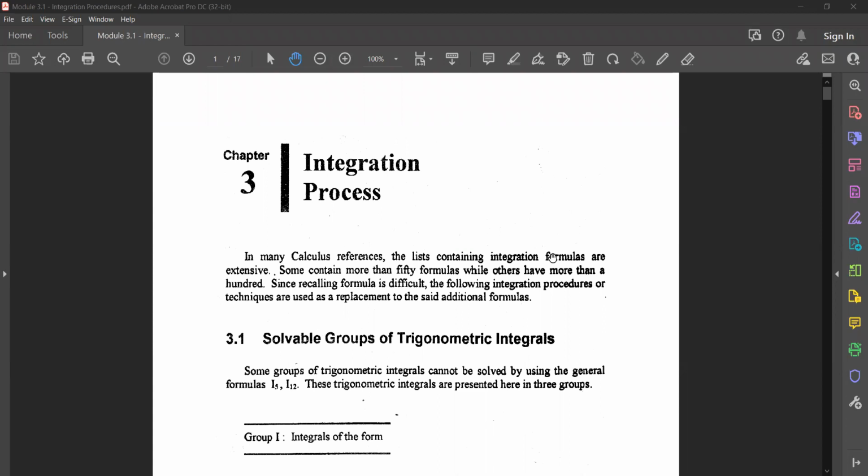So some forms of trigonometric equations can only be solved with these groups, no? So we have, I think, 3 groups for the integral form. Yeah, 3 groups, no? So these are the trigonometric integrals that we will discuss today.